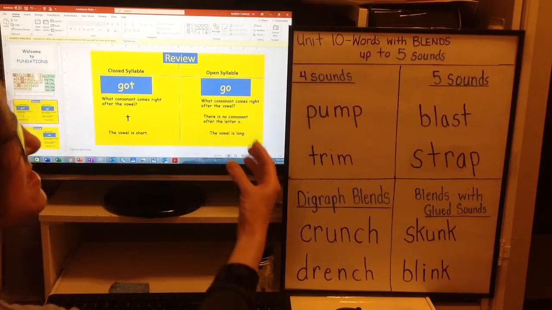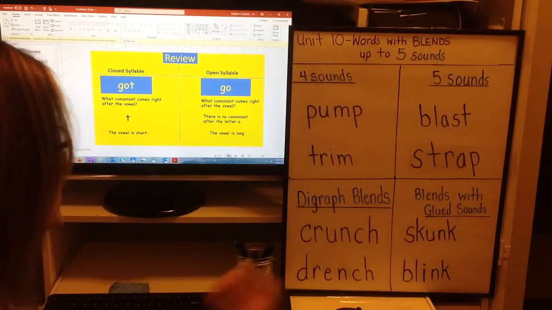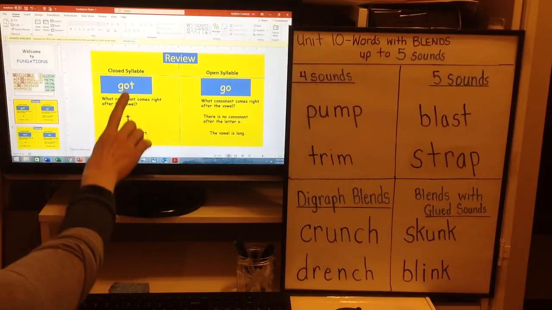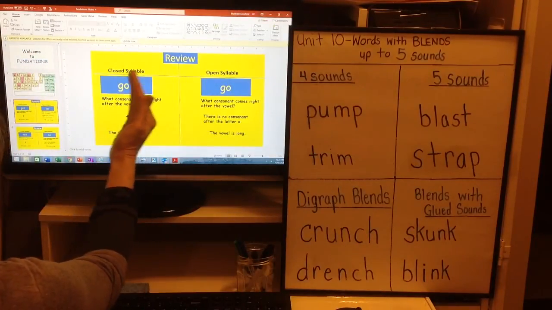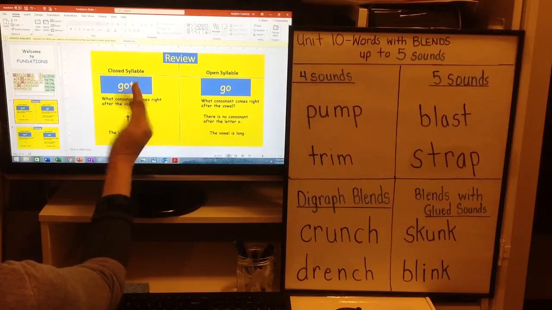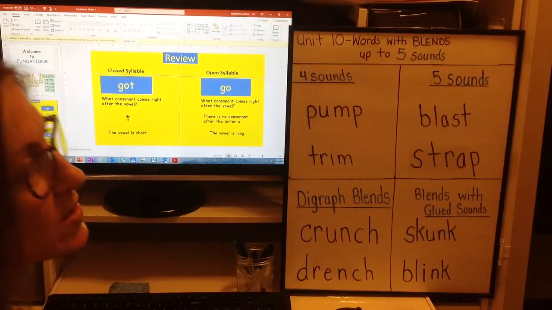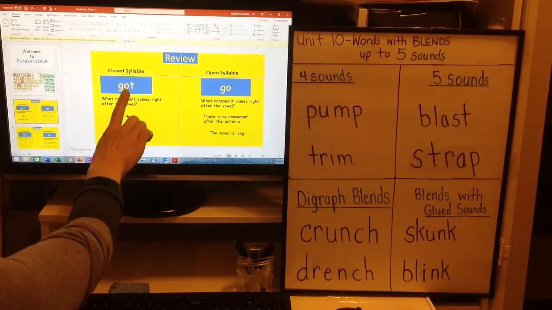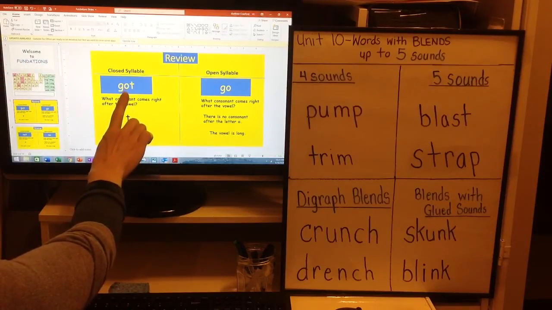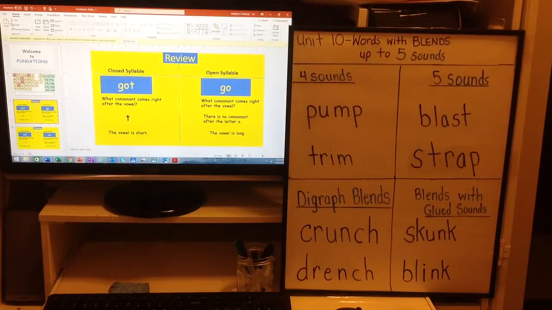And in this case, it's O. But in a closed syllable word, when you have the consonant following a vowel, the vowel will make a short sound. So here, the vowel sound is ah. Okay? Let's try another one.